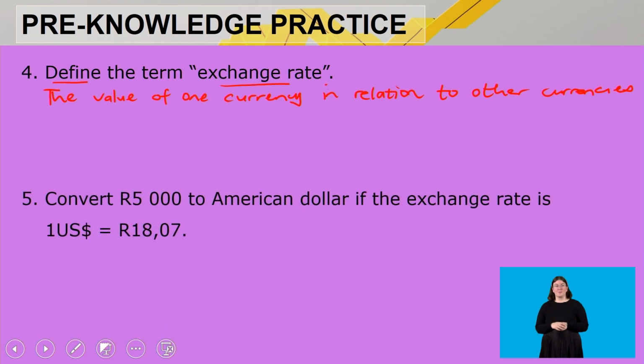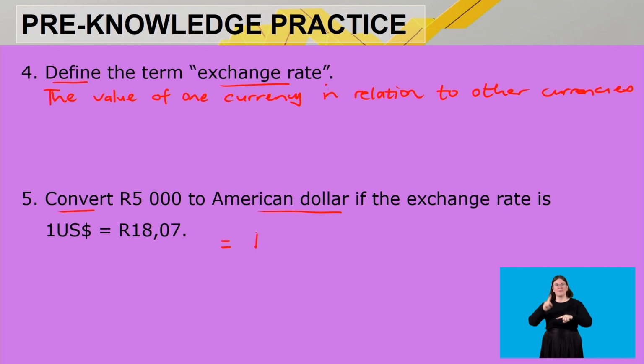And then question number 5, lastly here: convert 5,000 Rand to American dollar if the exchange rate is 1 US dollar equals 18 Rand and 7 cents. So I must exchange my 5,000 Rand into American dollar. In this case, we can see that the American dollar is much stronger than ours, 18 times basically.